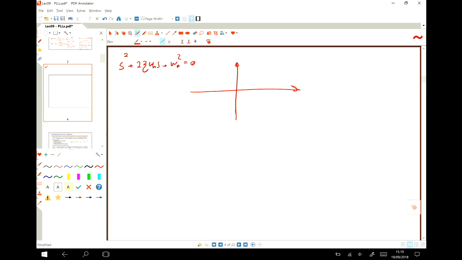Then the roots S1 and S2 equal omega n multiplied by minus zeta plus or minus the square root of zeta squared minus 1.